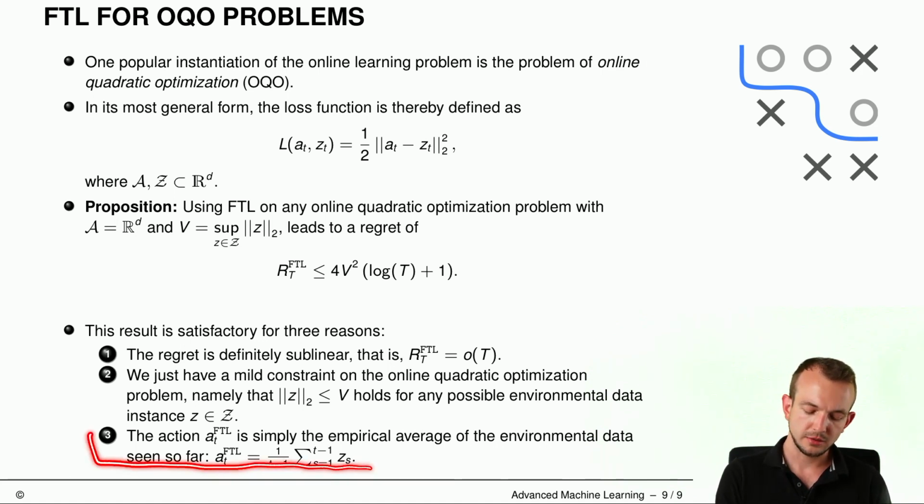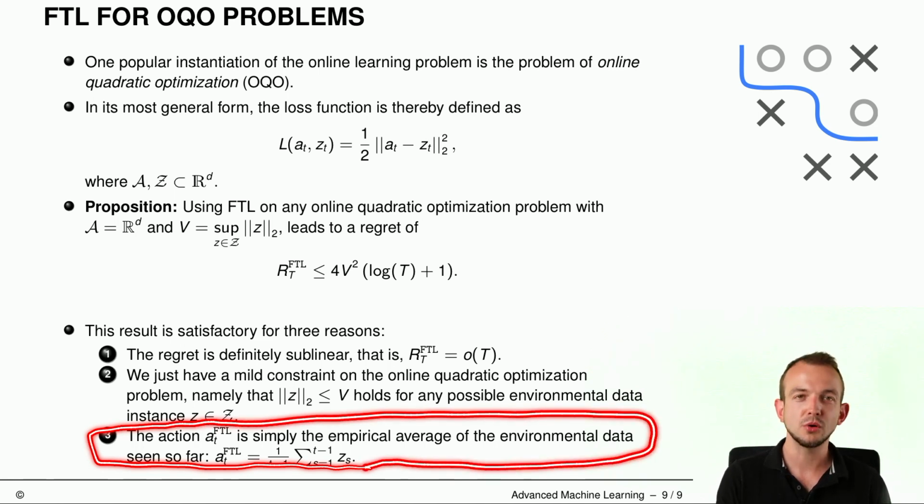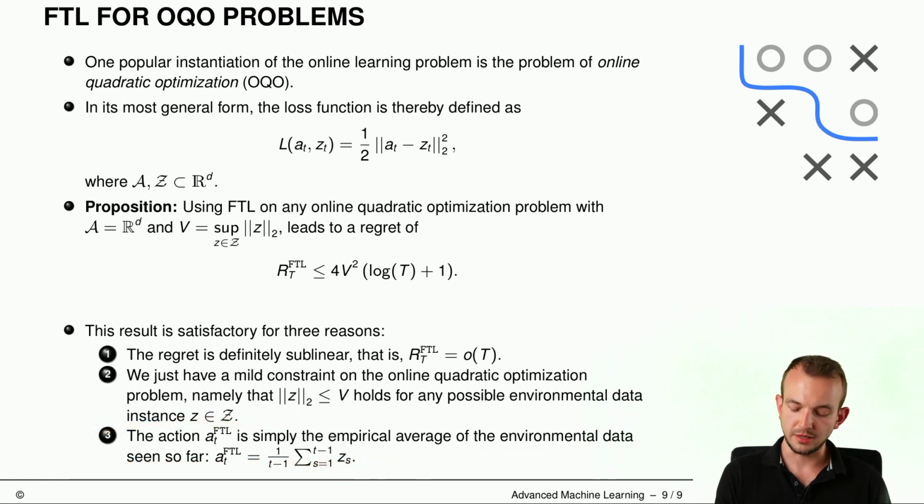And as you will see, and this is quite important, the action of the follow the leader algorithm in this case is nothing else than the empirical average over the environmental data points.